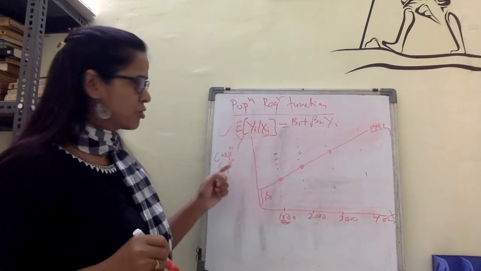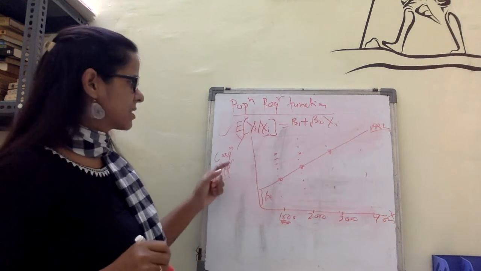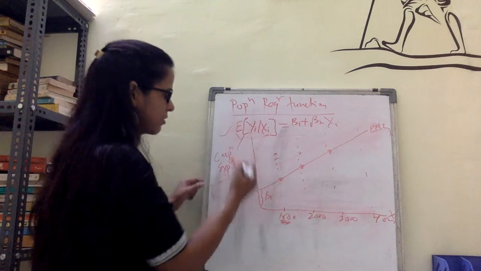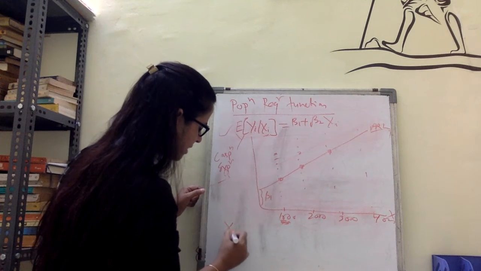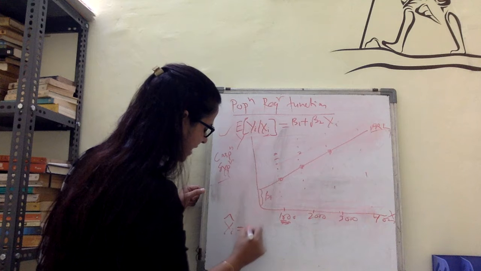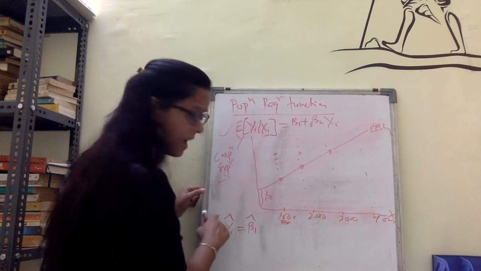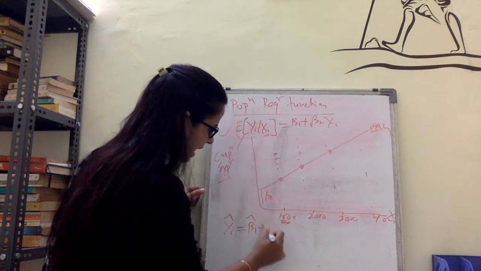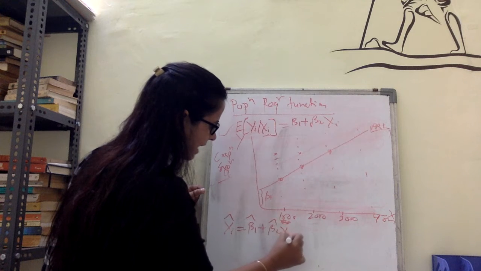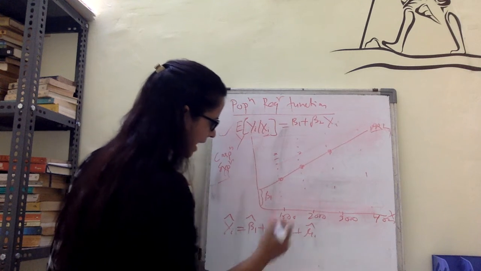Here only I'll also talk about the sample regression function, which is the estimated version. So how to write the sample regression function? It will be yi hat is equal to beta 1 hat plus beta 2 hat xi plus ui hat.